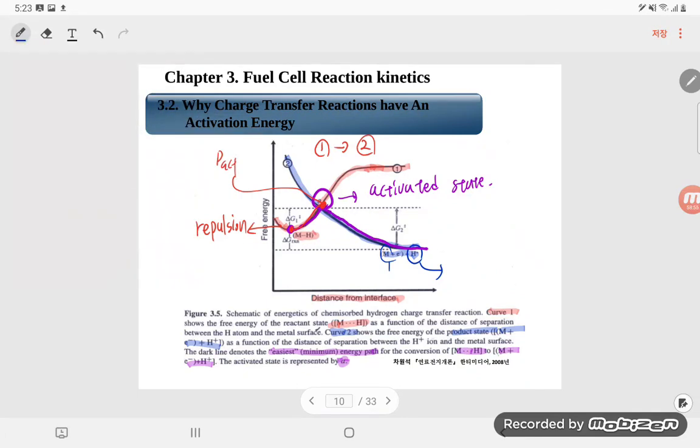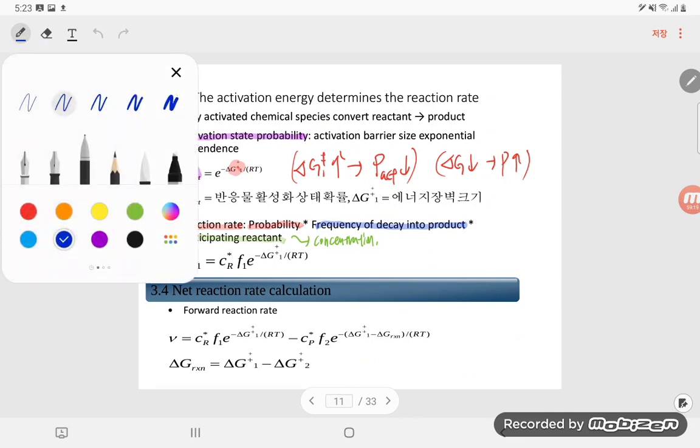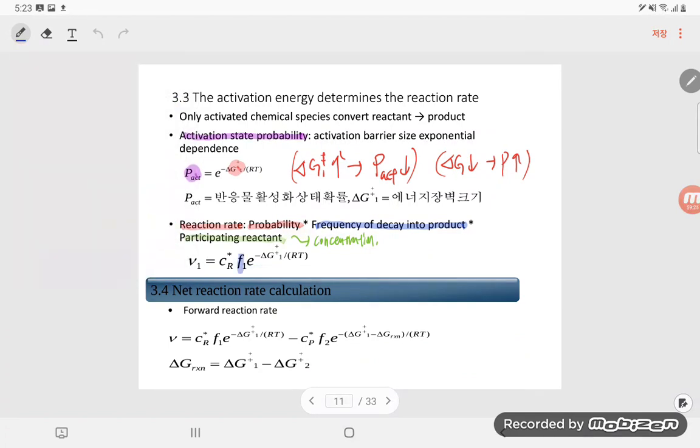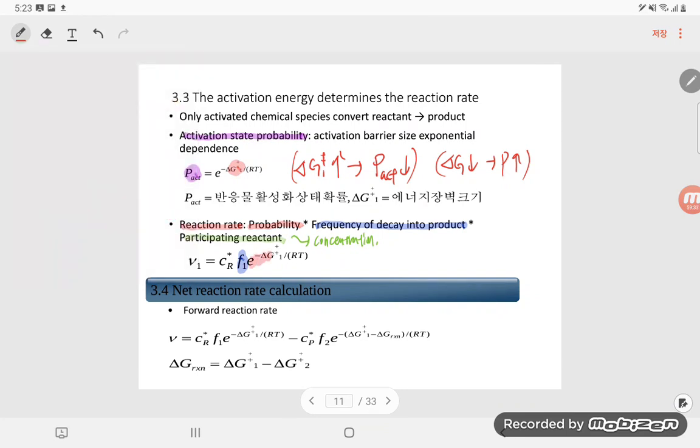And the second one is, from this state, they can react through this direction, and also they can react through this. Desirable or undesirable reaction can happen, right? That is the second one: frequency of decay into product, denoted by F. This is the decay rate, the frequency of the decay, and this is the probability.